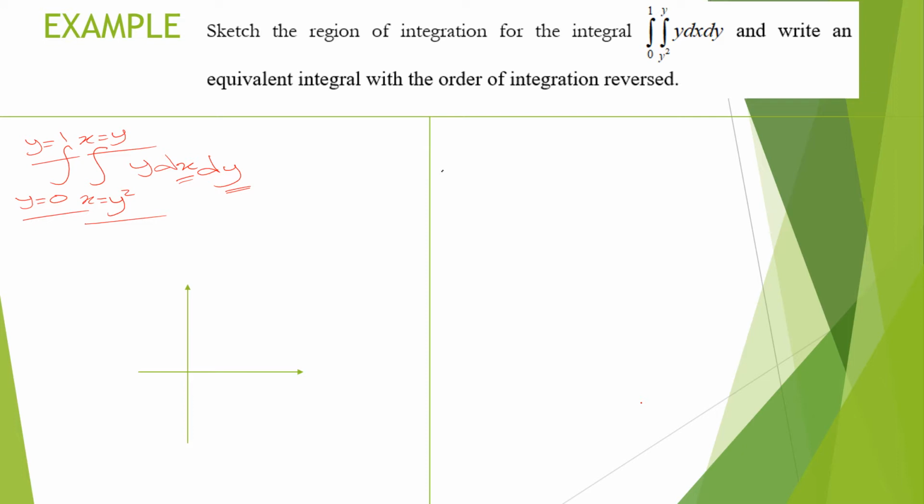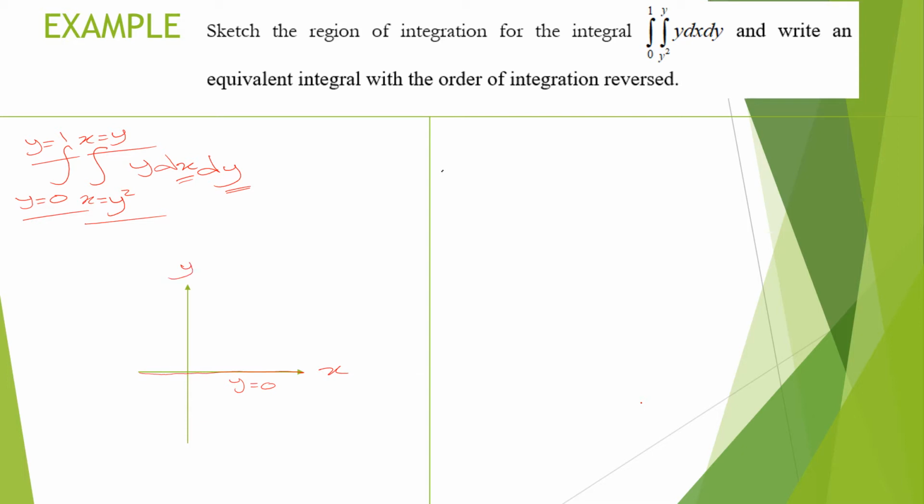Okay, so y equals 0 is the x-axis. So the x-axis here is our y equals 0. Okay, y equals 1.